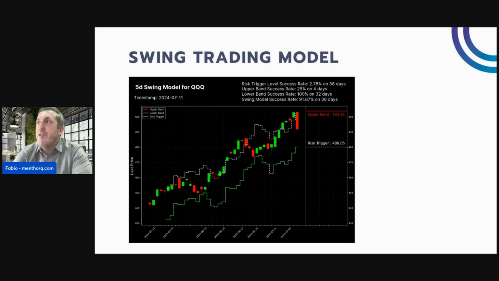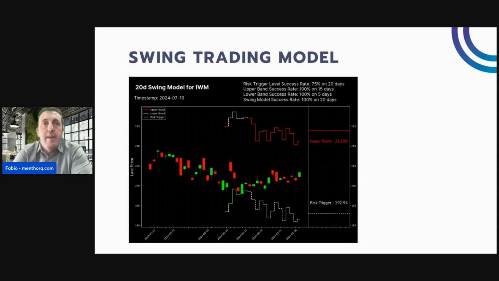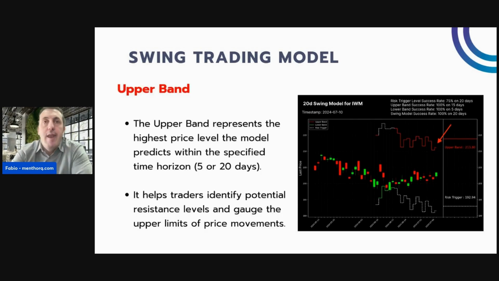So we have 2 time horizons that we offer within the model. One is the 5-day and then the 20-day. You'll be able to access this model directly through the bot in the morning on the asset. Again, right now we don't cover futures, but we will in the future, but we cover all the stocks, ETFs, and indices. But let's break down how it works.